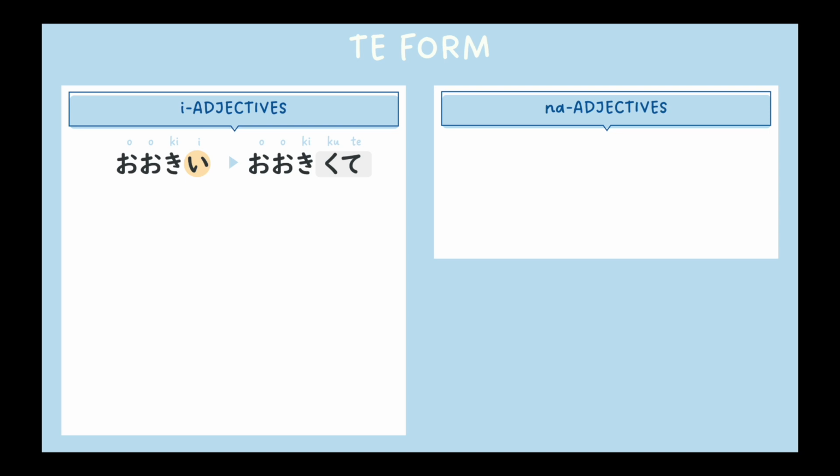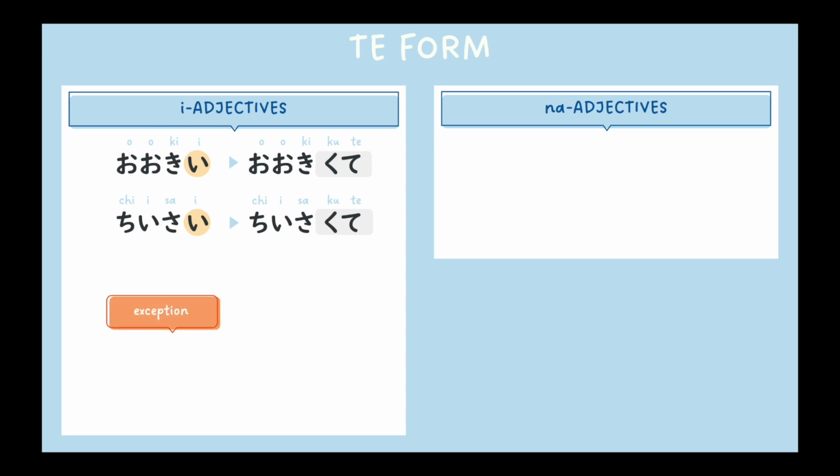So 大きい becomes 大きくて in the te form. How about 小さい, small? Again, drop the final i and add KUTE. So 小さい becomes 小さくて in the te form.